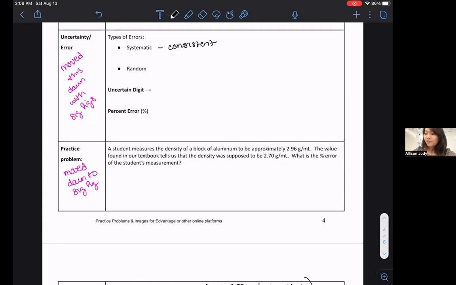It really affects mainly accuracy, but it doesn't affect your precision too much because you're consistent. So the main issue is that accuracy is affected. I'm not an English teacher.